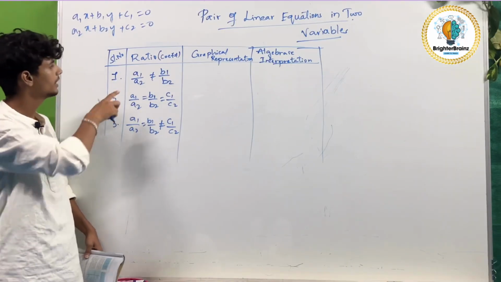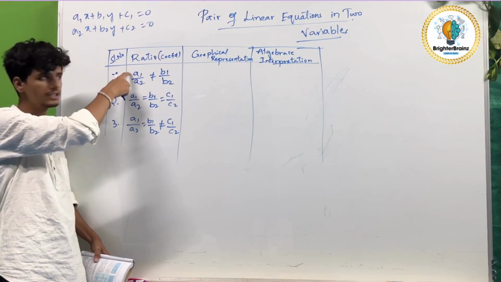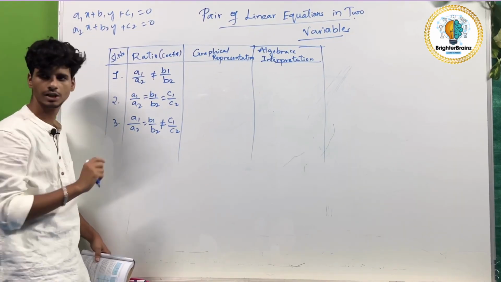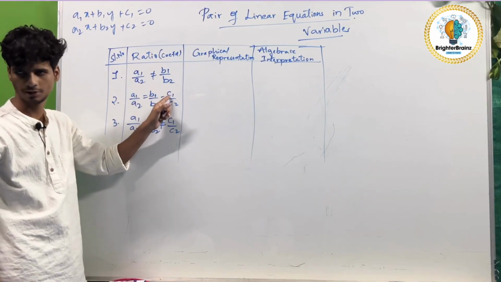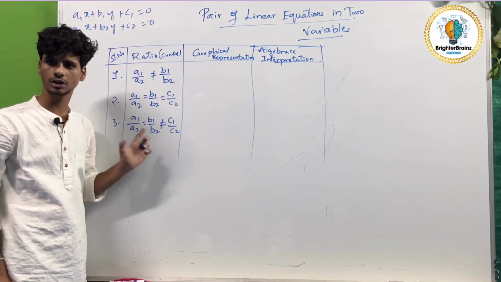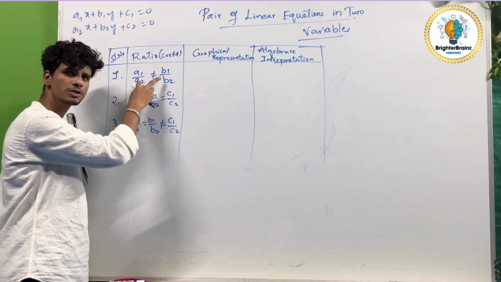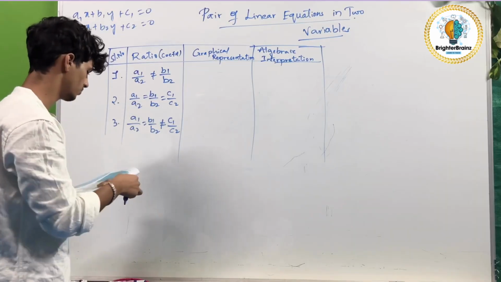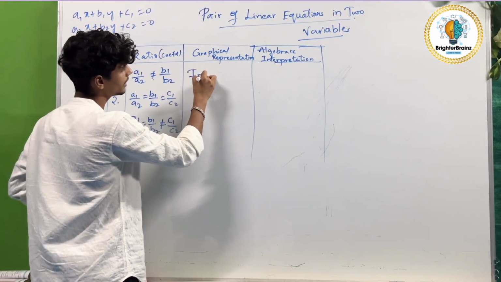Okay, here this is the ratio of the coefficients, that is coefficient of first equation by coefficient of second equation. Okay, a1 by a2 is not equal to b1 by b2, these are the values. Okay, these are not variables. So first, if these two ratios are not equal, if a1 by a2 is not equal to b1 by b2, then graphically these are intersecting lines.